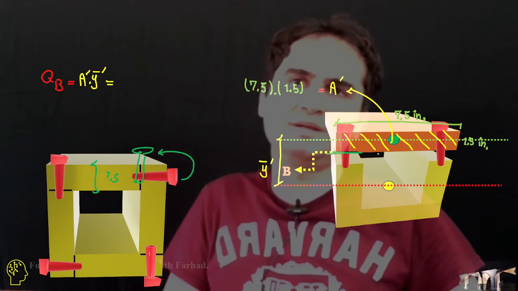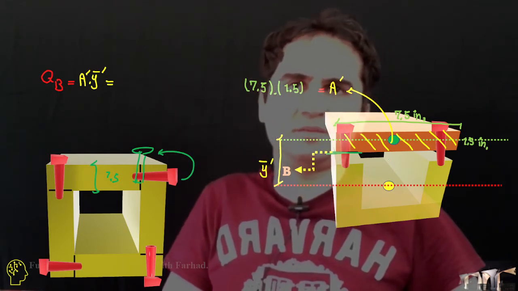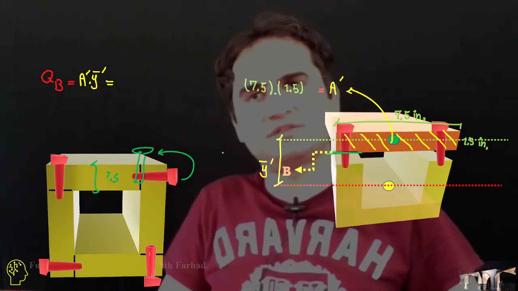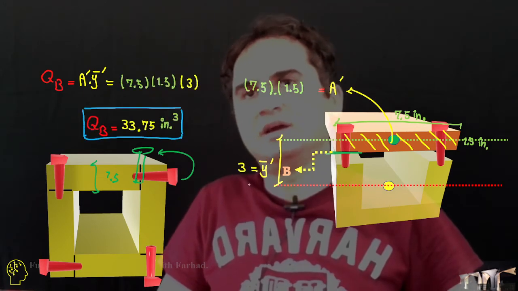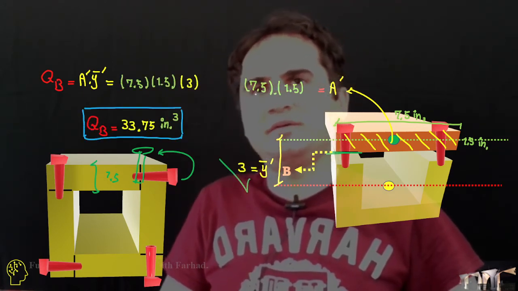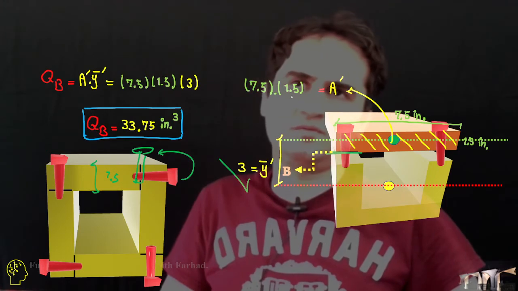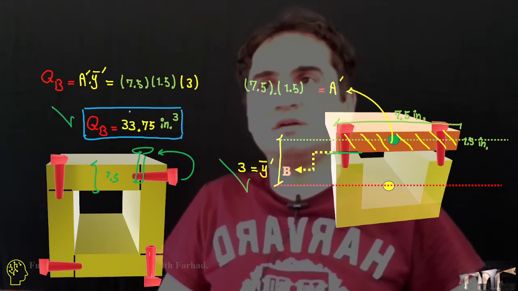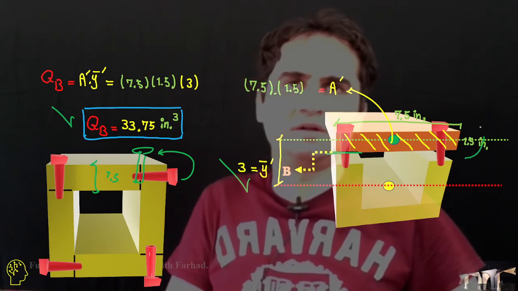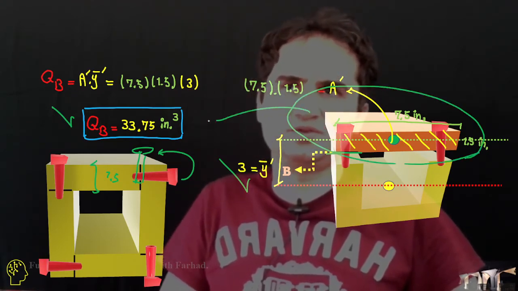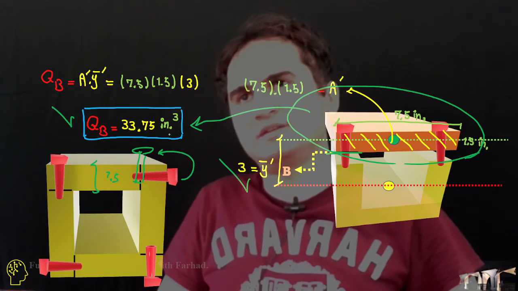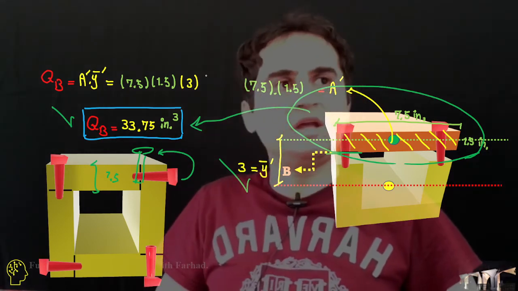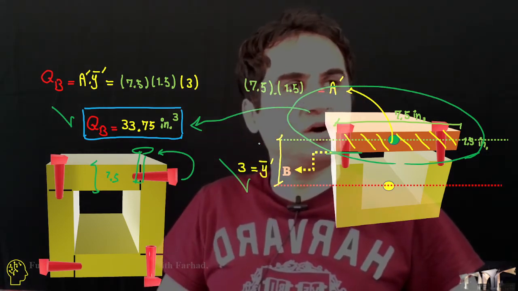Y bar prime is the distance from the centroid of this area to the centroid of the entire area, and that's 3 inches, and our area is 7.5 times 1.5. If you calculate the first moment of area for the top section, it gives you 33.75 inches cubed.